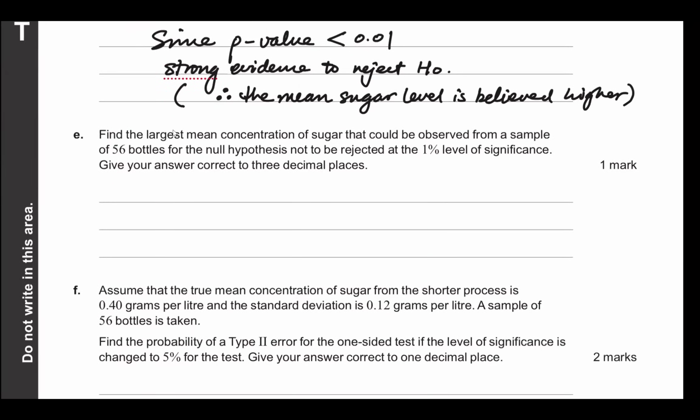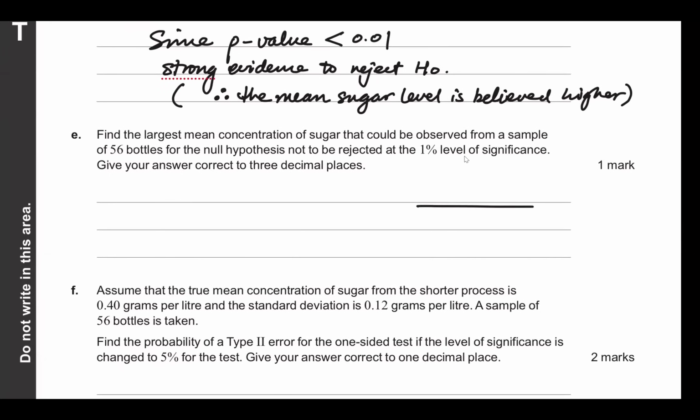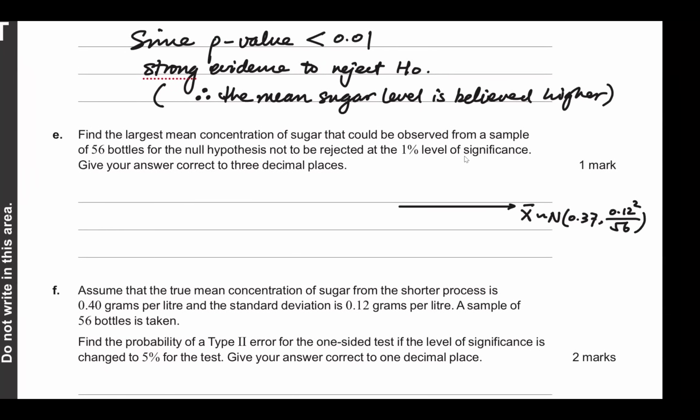Find the largest mean concentration of sugar that could be observed from a sample of 56 bottles for the null hypothesis not to be rejected at the 1% level of significance. Draw a diagram here. This is X bar, normal distribution, 0.37, 0.12 squared divided by 56. So this is my sample mean distribution.